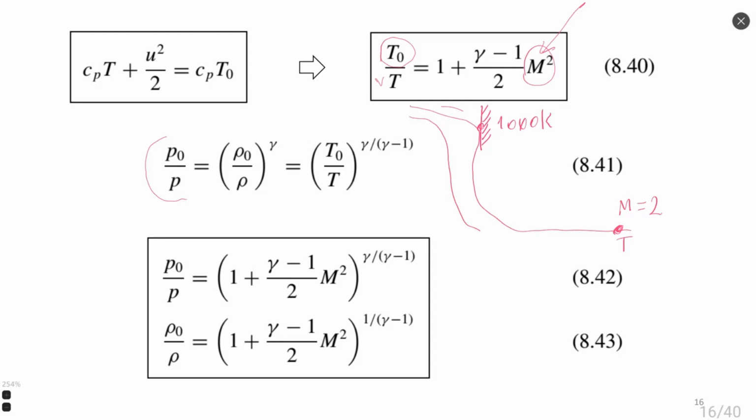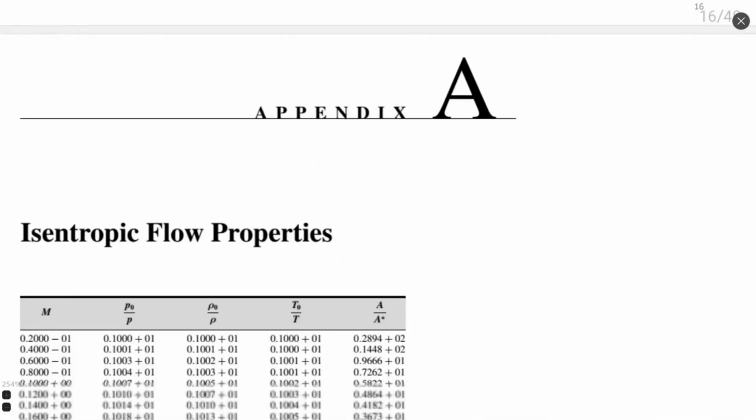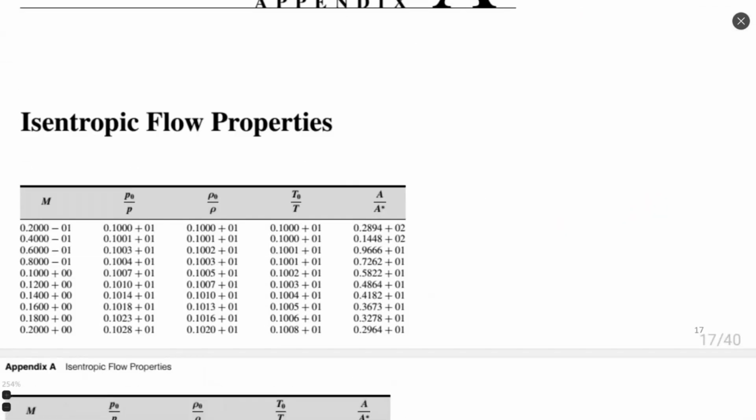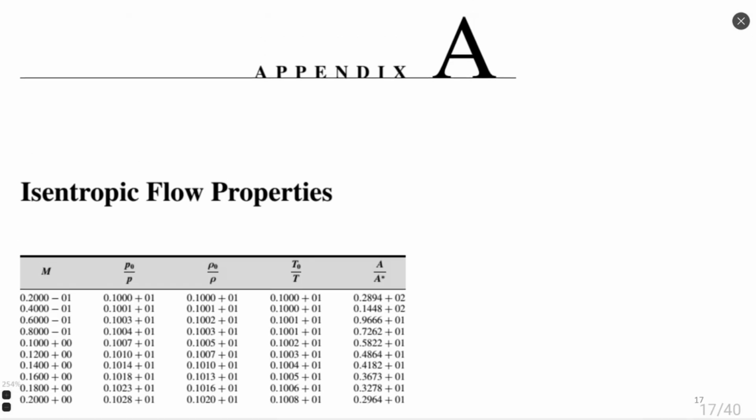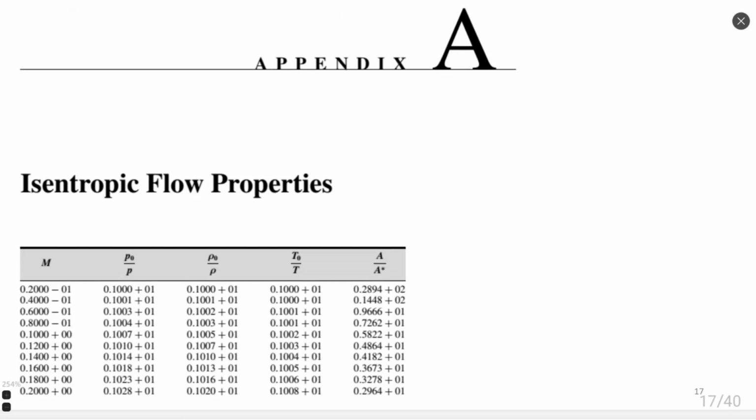So our tool to calculate these equations is the appendix. Appendix A provides us the relations on isentropic flow properties. This appendix is inside the Anderson book. There are several appendices. Appendix A is devoted to isentropic flow relations.